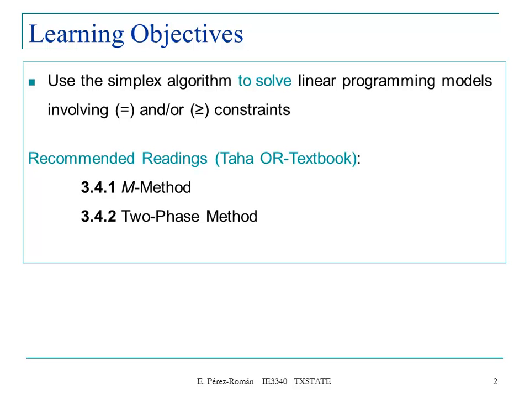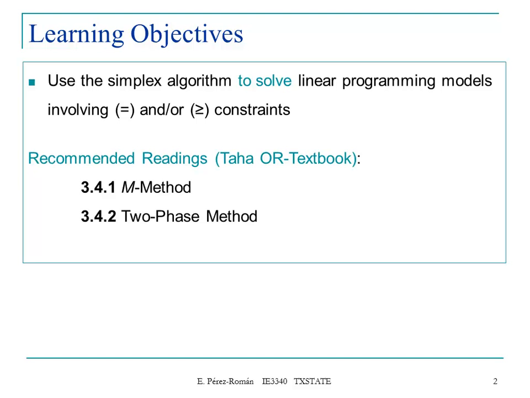Okay, so the learning objective is to use the simplex algorithm to solve linear programming models involving equal and/or greater-or-equal constraints. So far, we have been using the simplex algorithm to solve problems that have only less-than-or-equal constraints.